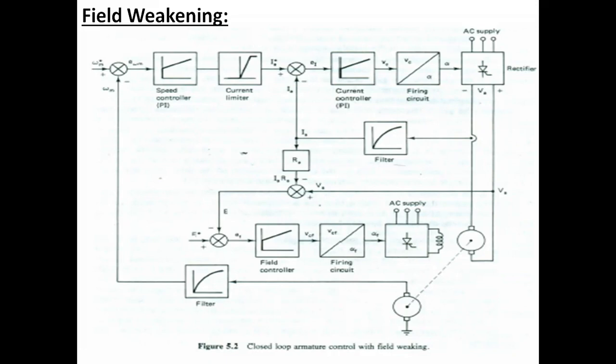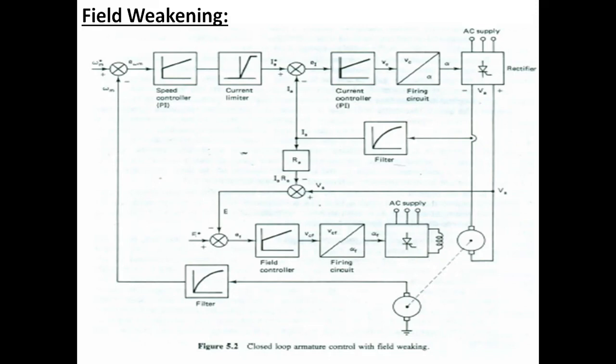In the field weakening region, the drive responds very slowly because it has a large field time constant. The field is sometimes forced to improve the transient response, but when it is forced, the method becomes complex.